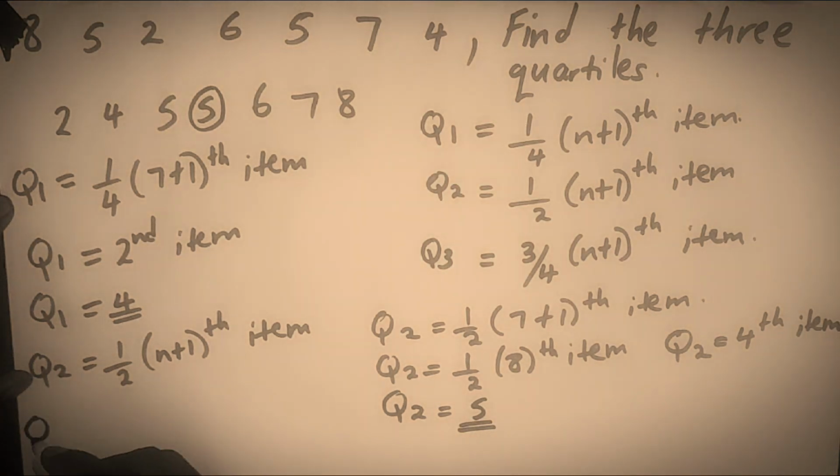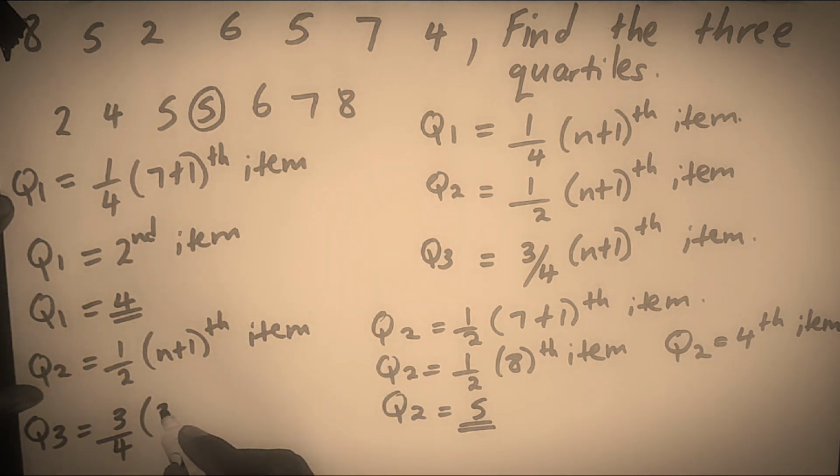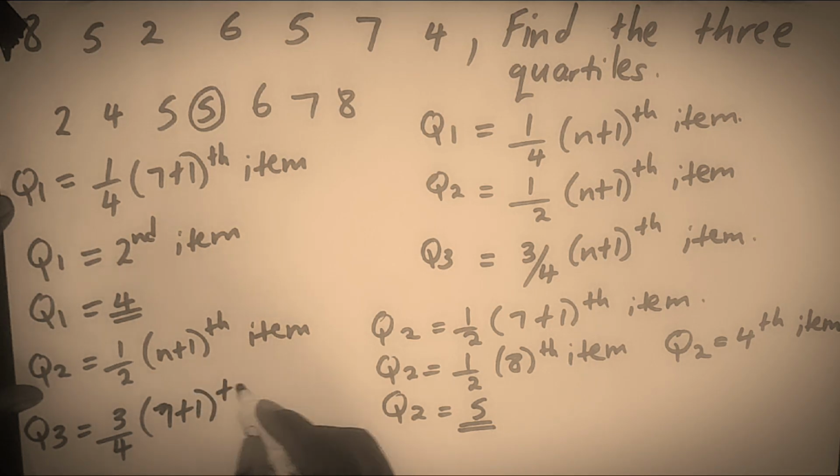And then the third quartile is equal to 3 over 4 of n, where n is 7, plus 1 the item.